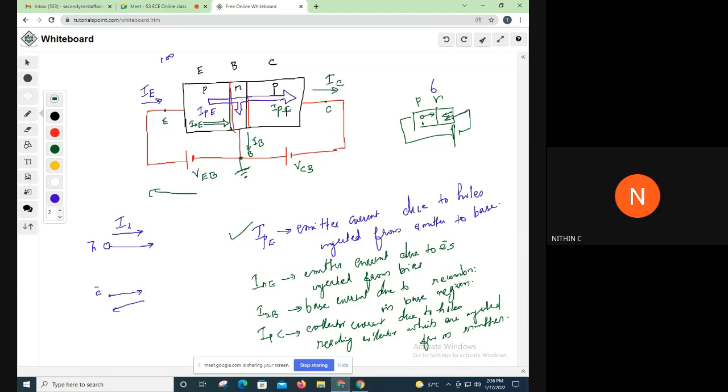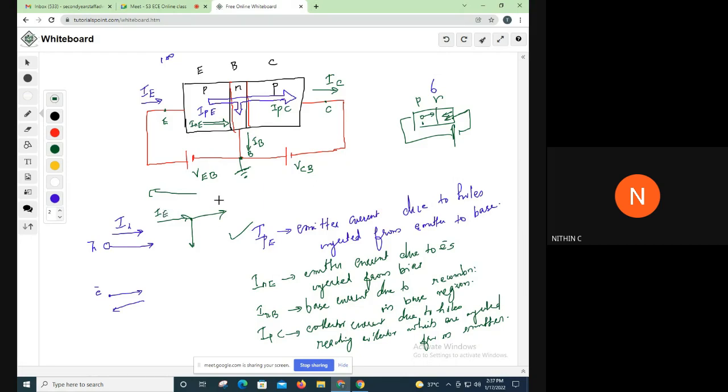So if you are considering this as a node, we are now considering this as a node. You might have learned about Kirchhoff's law. If you consider this entire transistor structure as a node, which are the different currents entering and leaving this node? IE is entering, IB is leaving, IC is leaving. So how will you write the expression for that?